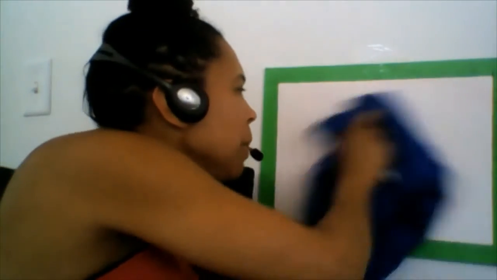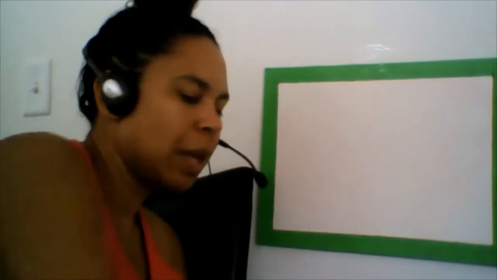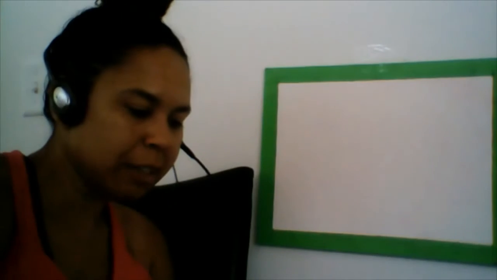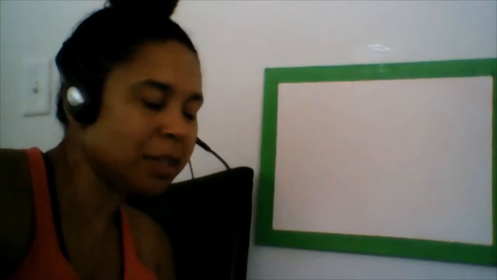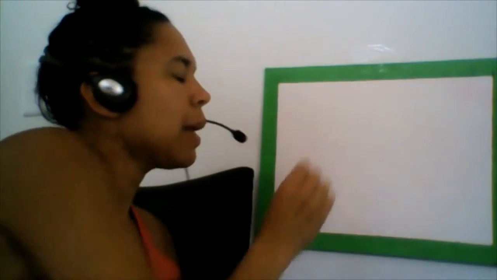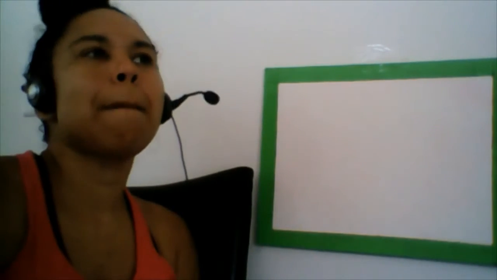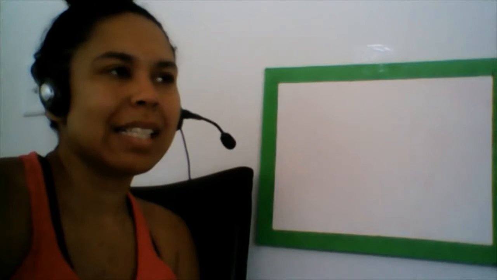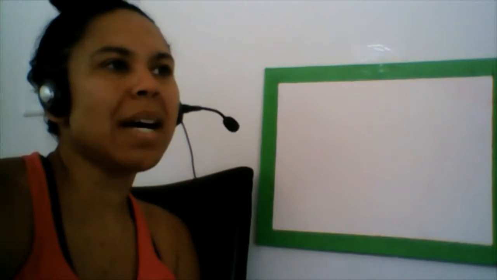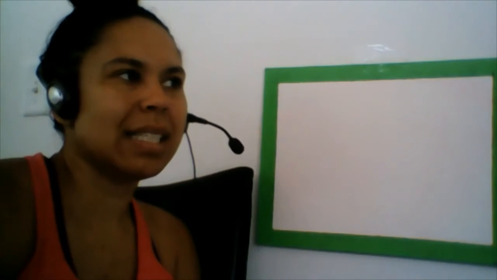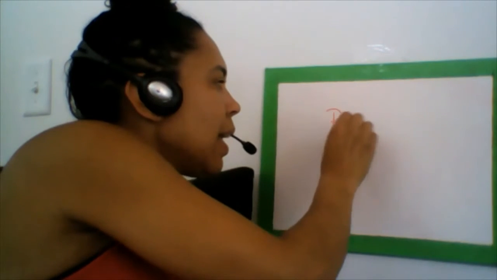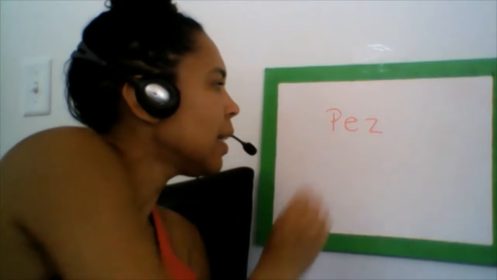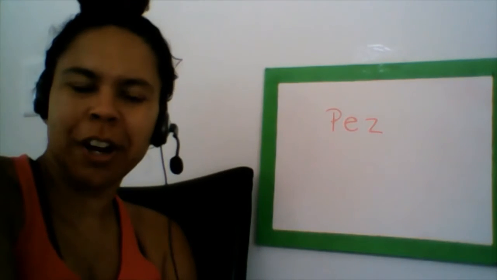I'm going to give you guys a word that some of you may have heard before and some of you may not have heard before. And if you've heard it before, you can help us out. So if I give you the sounds p, e, z, and pez is p, e, z. Who's heard this word before?